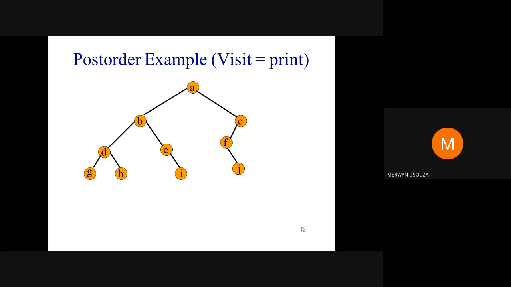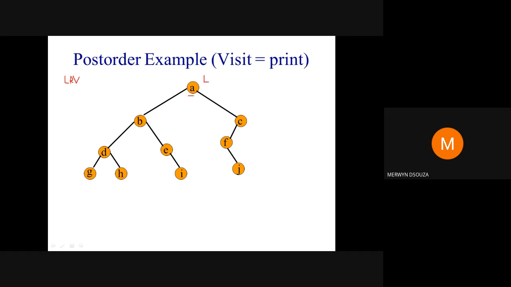You can try for this. Find a post order traversal for this. So start from the root node. Okay, remember the steps, left subtree in post order, right subtree in post order, and visit.